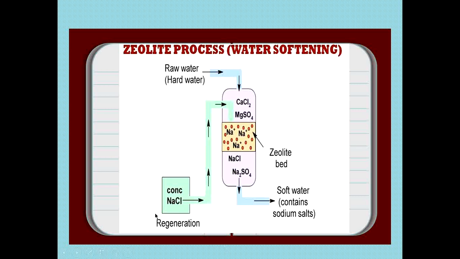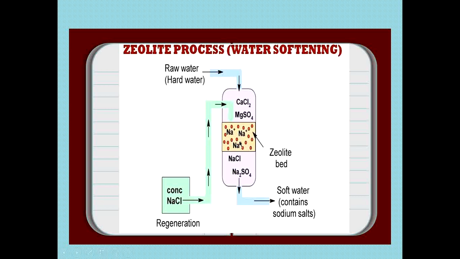Now one more attachment to this chamber is the concentrated NaCl, also called brine. Brine means concentrated NaCl. It is for regeneration. After some time, when the amount of water passed through is large, the sodium ions get removed.